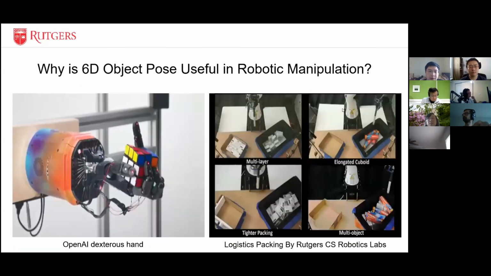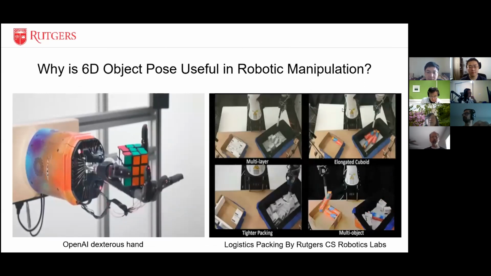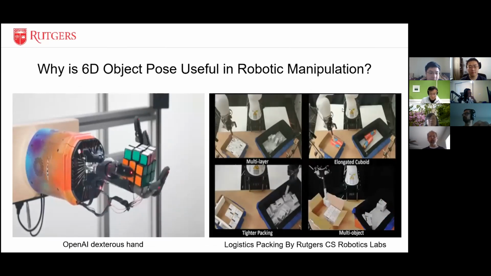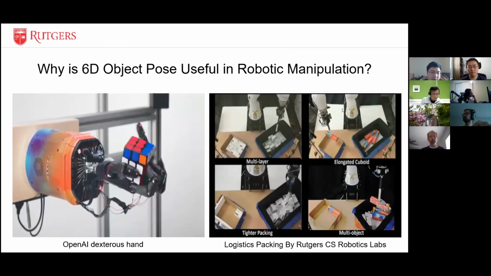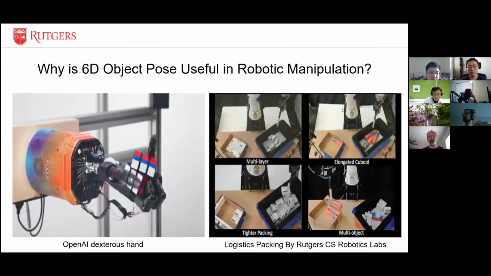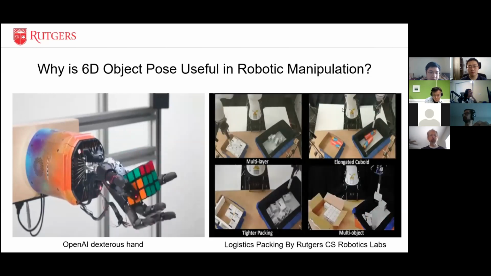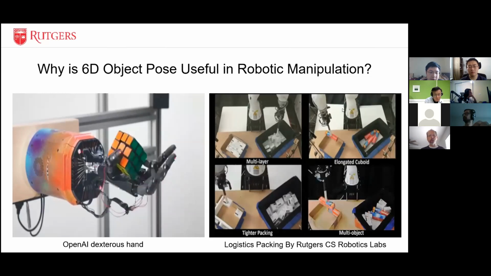And why is 6D object pose useful in robotic manipulation? Consider some examples as below. Let's first look at the OpenAI dexterous hand. You may have seen this video. In this task, the OpenAI dexterous hand tries to rotate this cuboid to some predefined orientations.